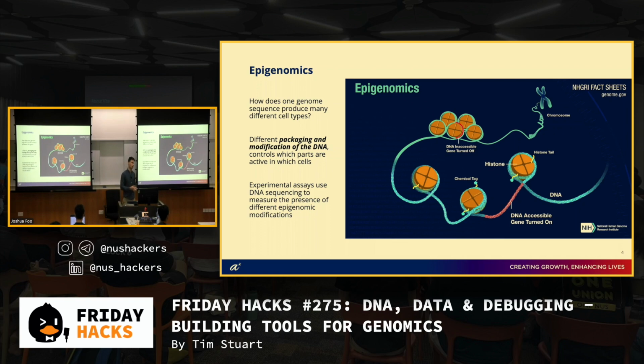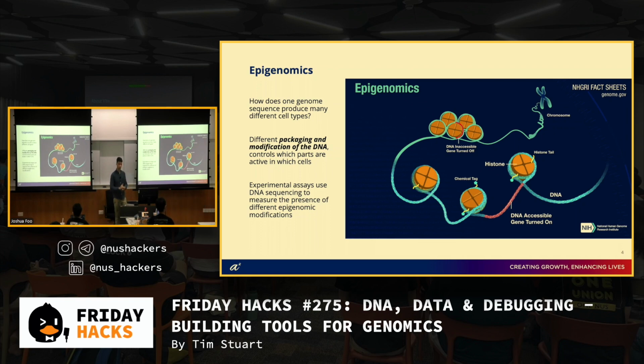epigenomics. Essentially, this long strand of DNA isn't just a long strand of DNA in the cell. It's wrapped around different proteins and has complicated three-dimensional structures, which do vary across your different cells. These proteins can have modifications put on them, and the DNA itself can have modifications put on it.